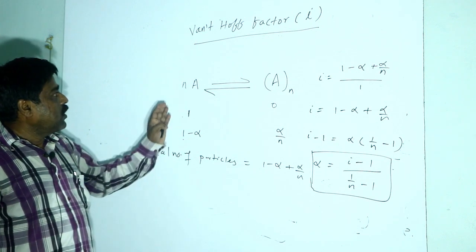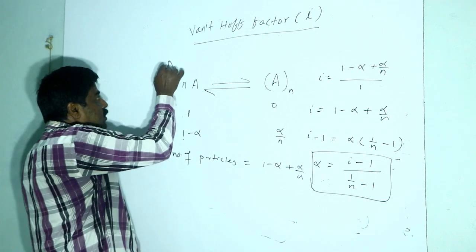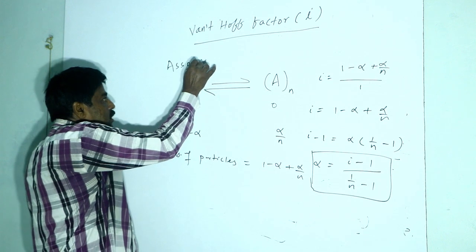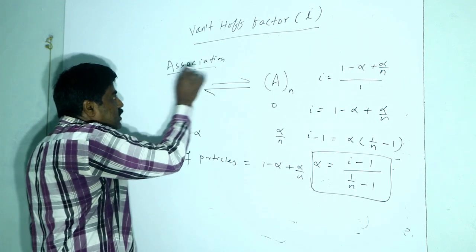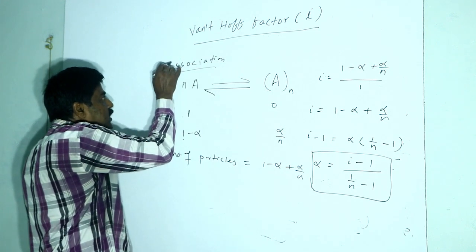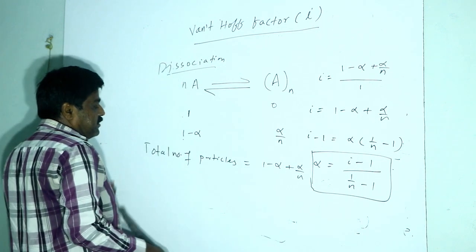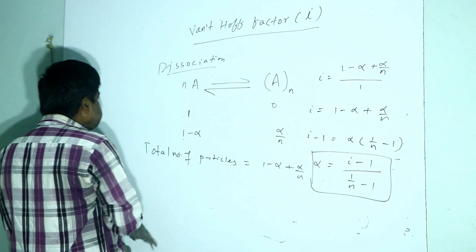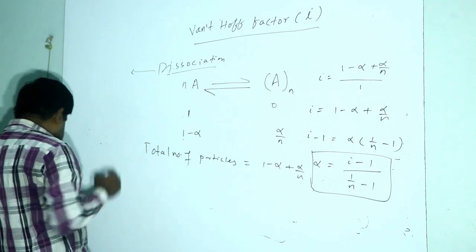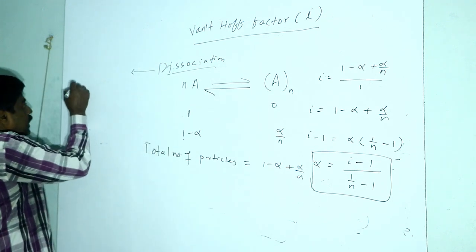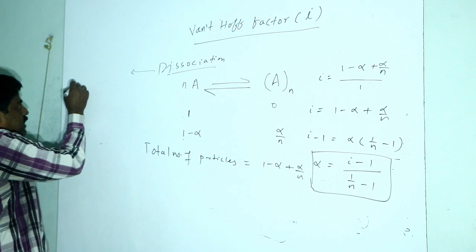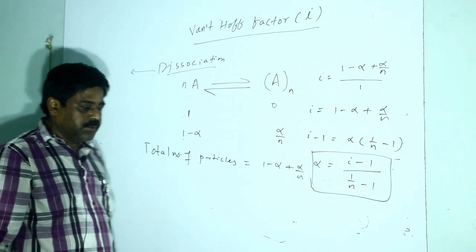Right? Now, that is the case of association. When we consider the case of dissociation, what will happen? In the case of dissociation, let's say A is the particle present in the solution.